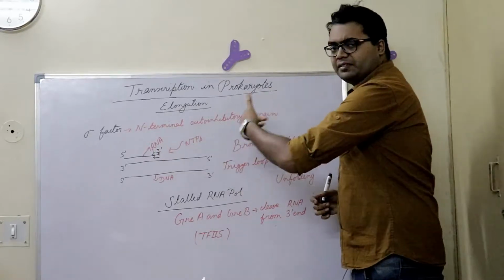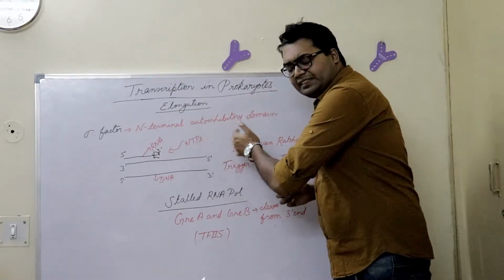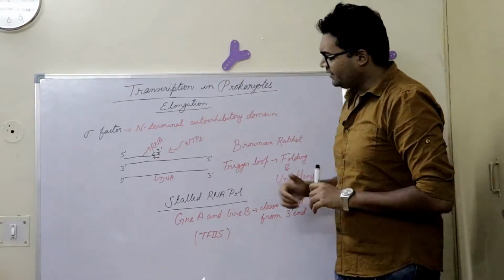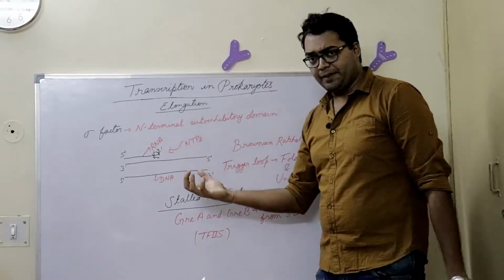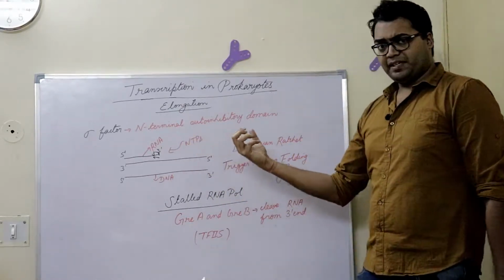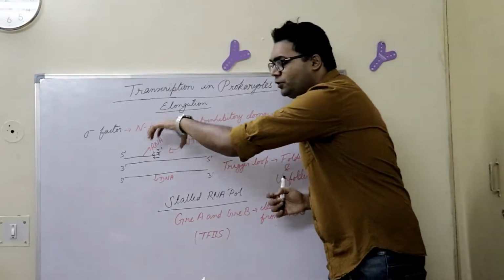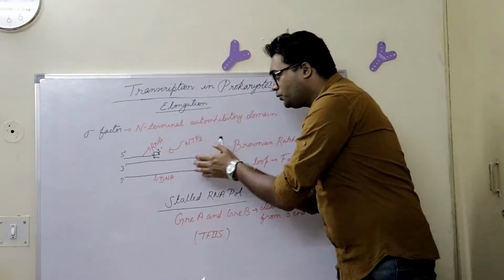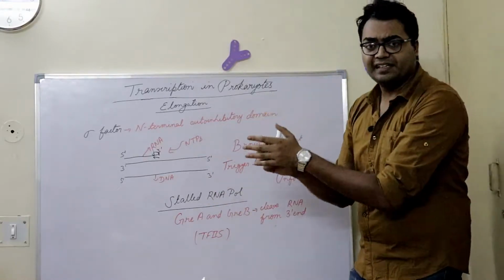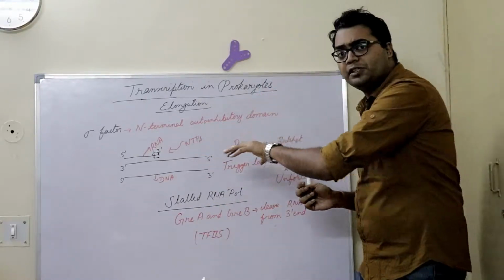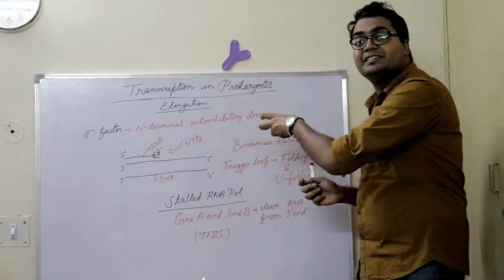Now when it keeps on synthesizing this mRNA molecule, the RNA polymerase core enzyme encounters a pretty grave problem. It has to hold on to the template strand, it has to hold on to the substrate at its active site and then catalyze the reaction, and it has to hold on to the product also, which is the mRNA molecule itself.